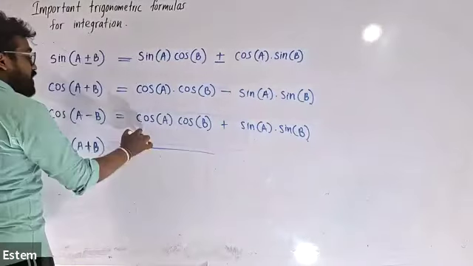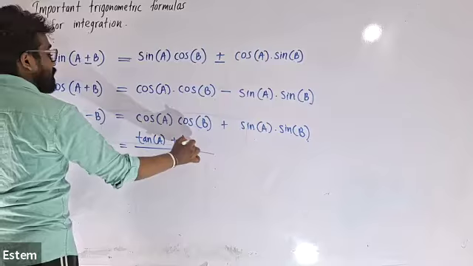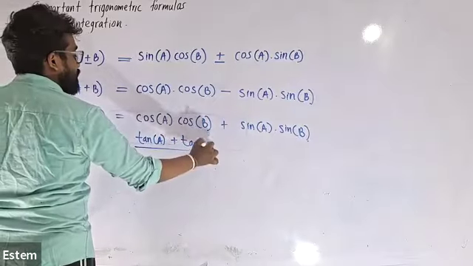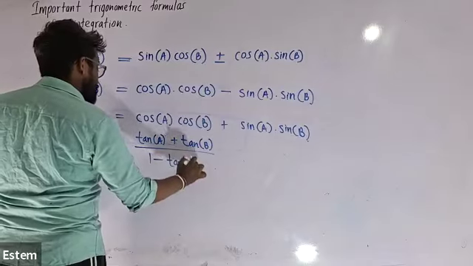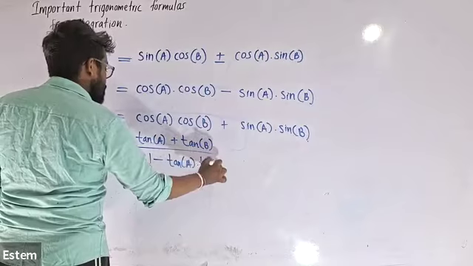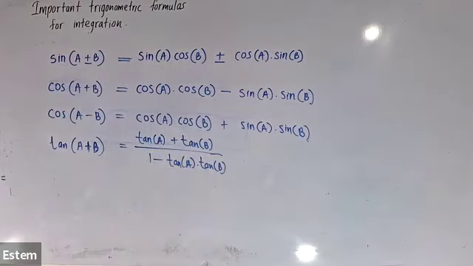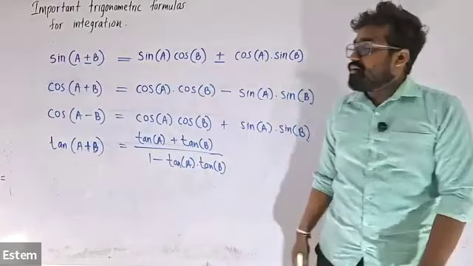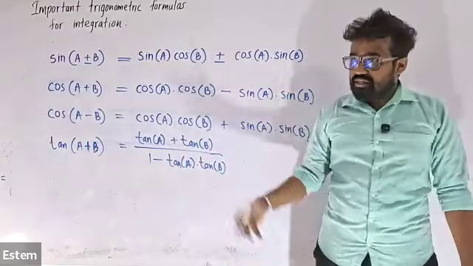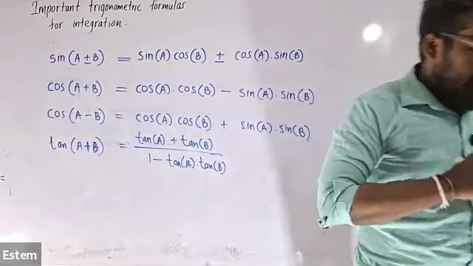Here, its formula format is somewhat different: tan A plus tan B over 1 minus tan A tan B. You write these things, no? When we do more examples in integration using this, they become usual.